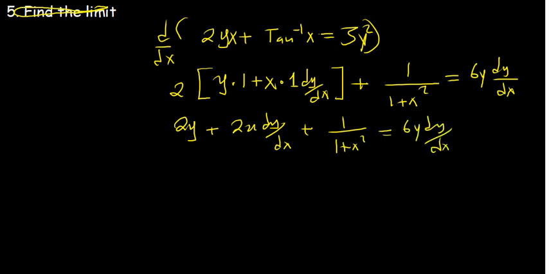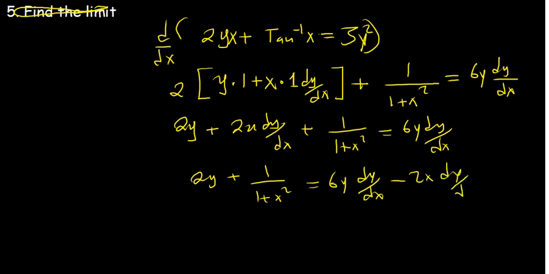I'm going to take to one side everything that has got dy in it, so I'm going to take this one to the other side. This will remain 2y plus 1 divided by 1 plus x squared is equal to 6y dy over dx minus 2x dy over dx. I can say this is over 1 and make this a single fraction, so multiply this and this.